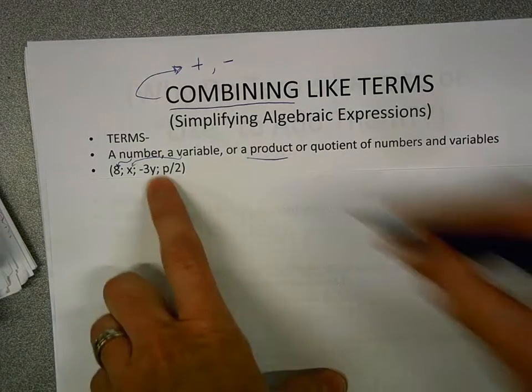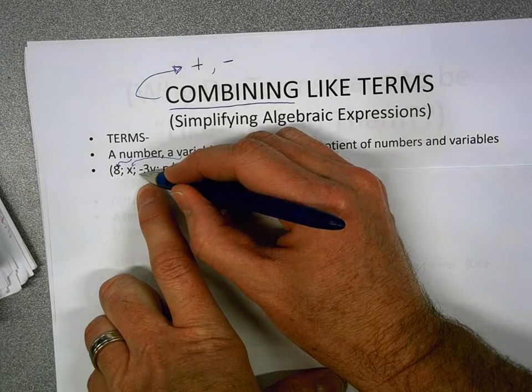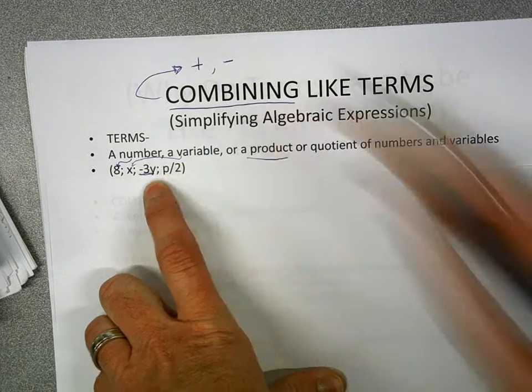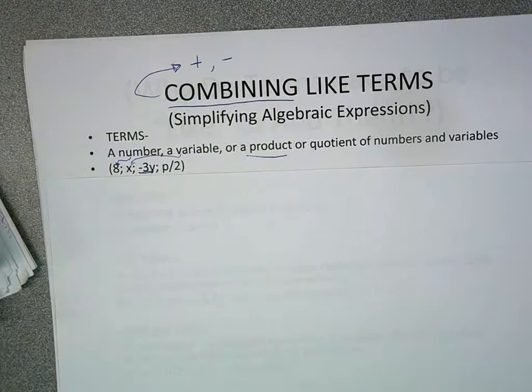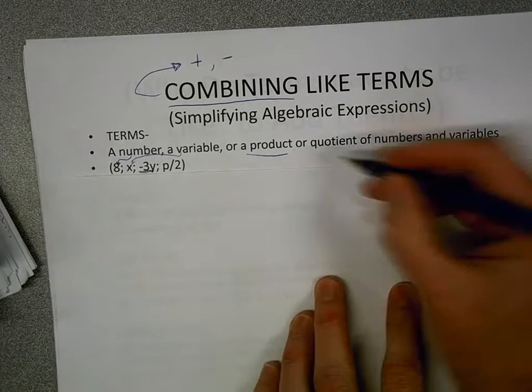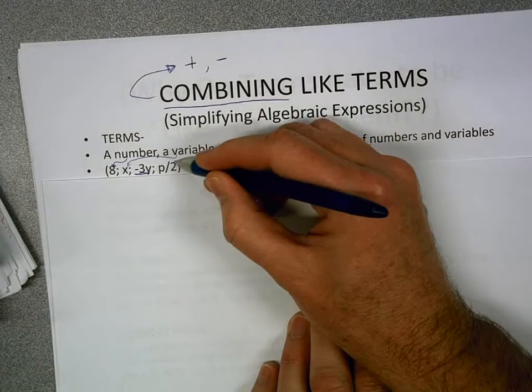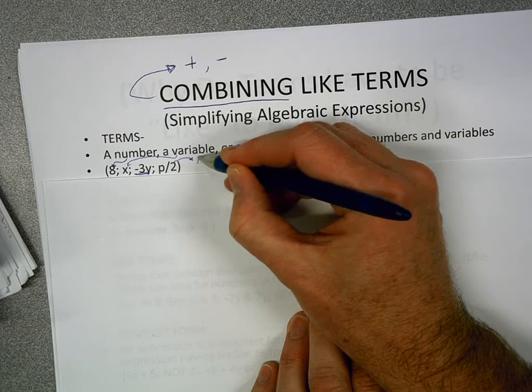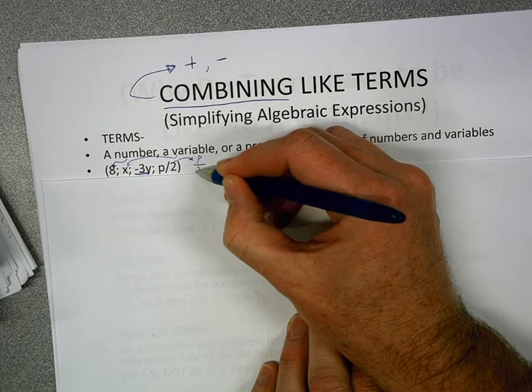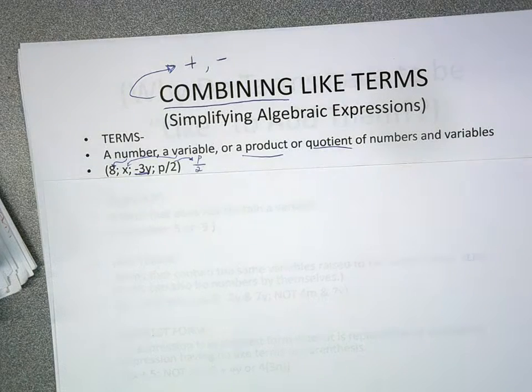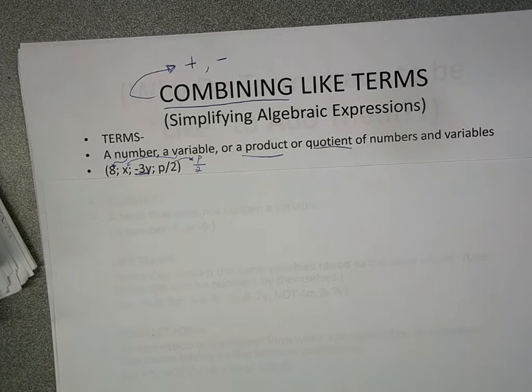That's talking about this right here. Here's a number, meaning a -3. It's a negative number, still a number, an integer. -3 times y, or better known as -3y, is a term. Those are all different terms. And then the last one is a quotient of numbers and variables, and the way I want you to write this in your box is p divided by 2, p over 2. That is a term. So those are 4 different terms.